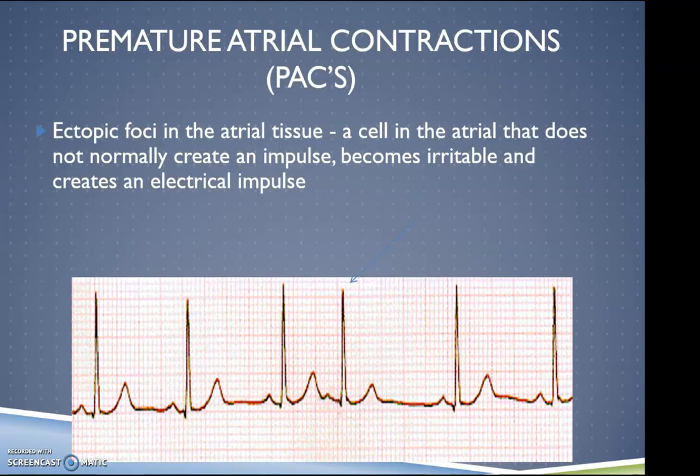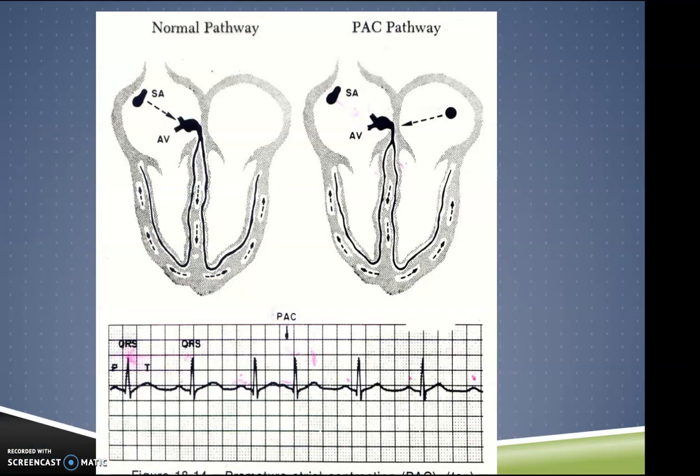The atrial tissue, for whatever reason, is irritable and fires an electrical impulse early. These are non-life-threatening. However, they can become frequent enough and become a precursor to AFib or flutter.